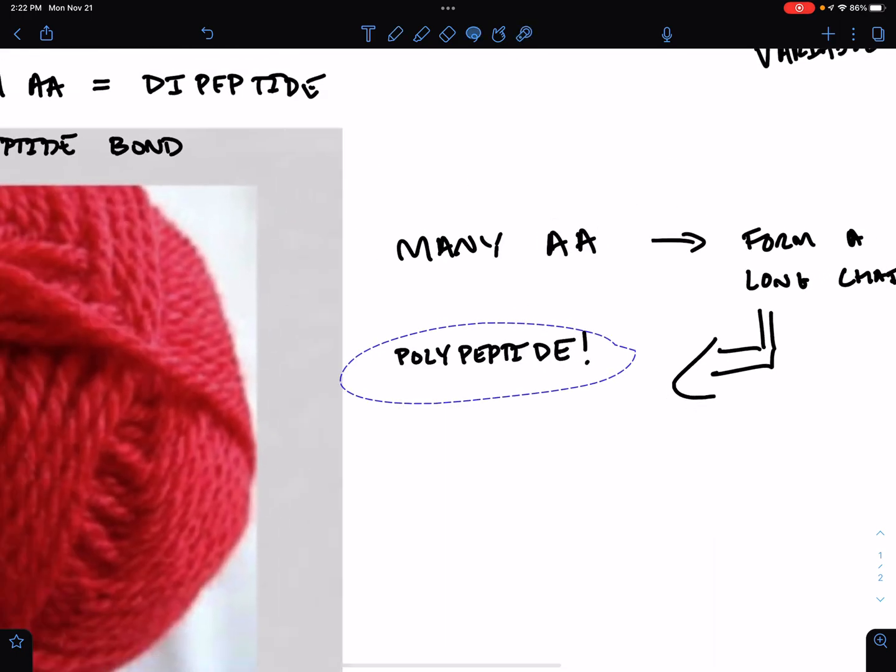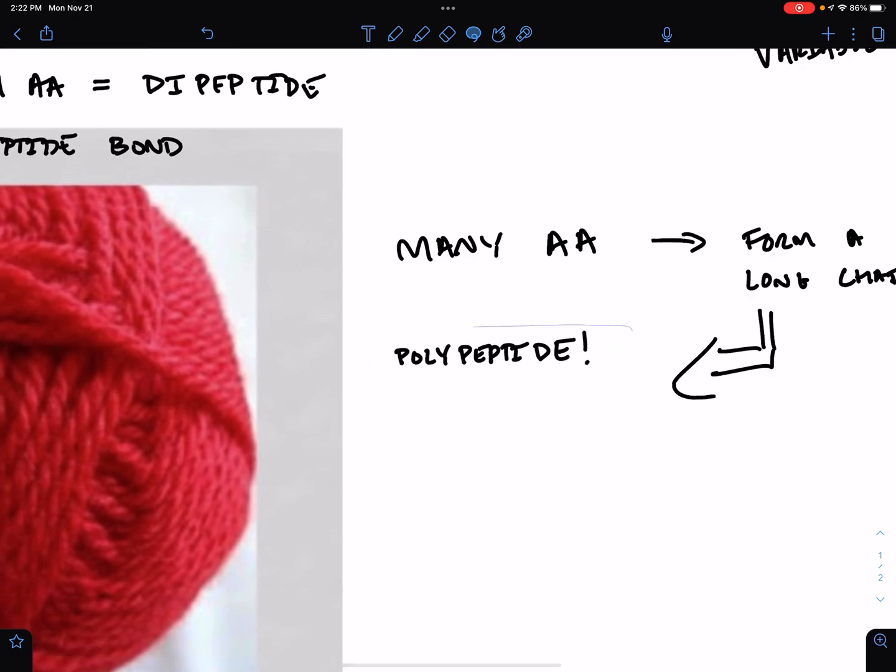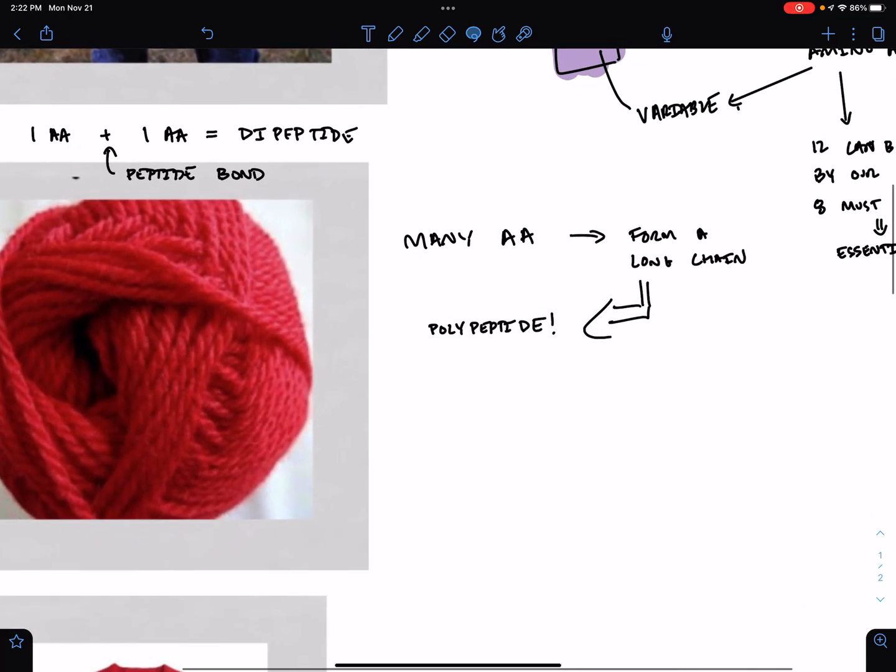But this polypeptide actually is not super functional in this shape.